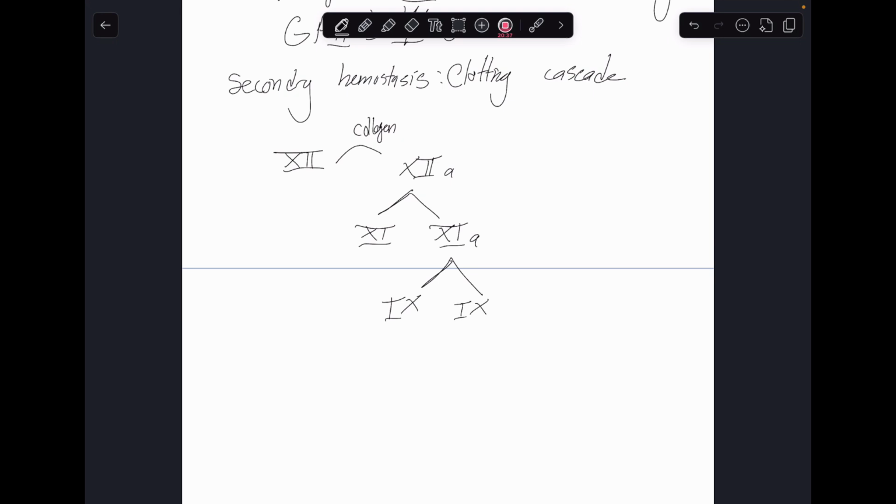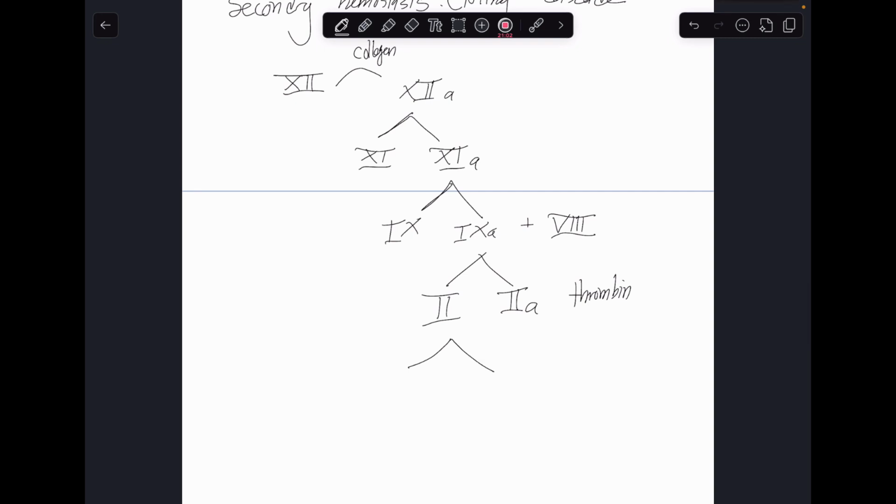Then 9a and cofactor 8 can activate factor 10, which will then cleave prothrombin, factor 2, into factor 2a, which we call thrombin. That's one of the ones that we gotta have memorized, which will allow factor 1, or fibrinogen, to do its thing so that we end up with 1a, which is our fibrin strands.